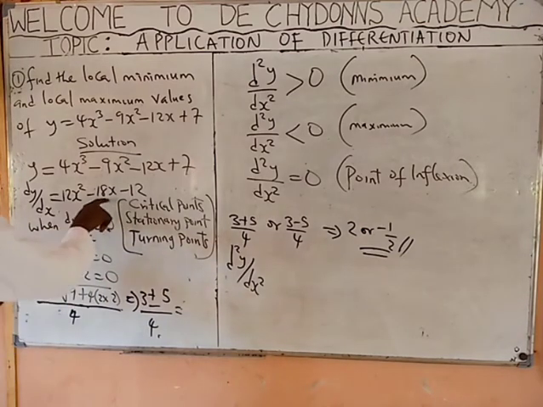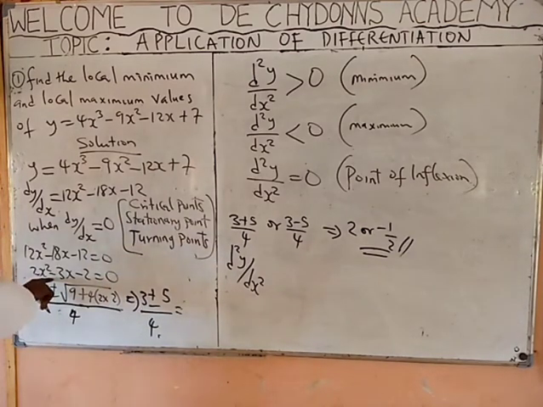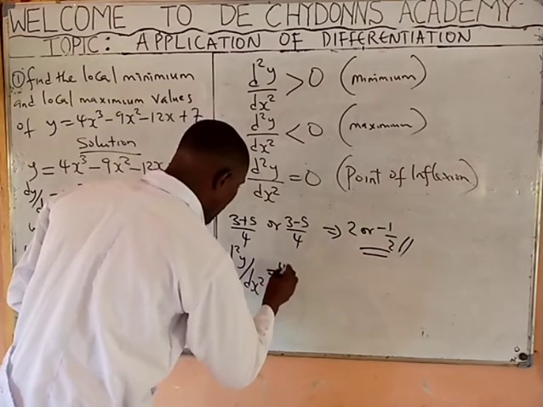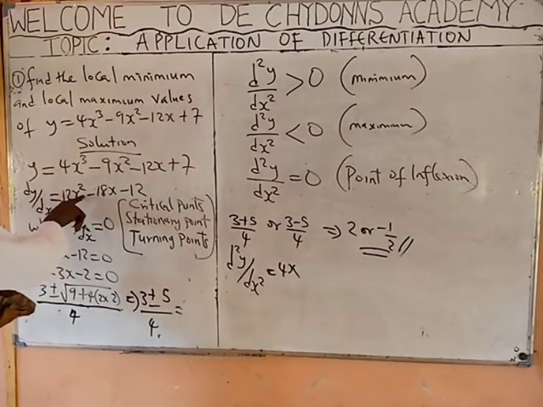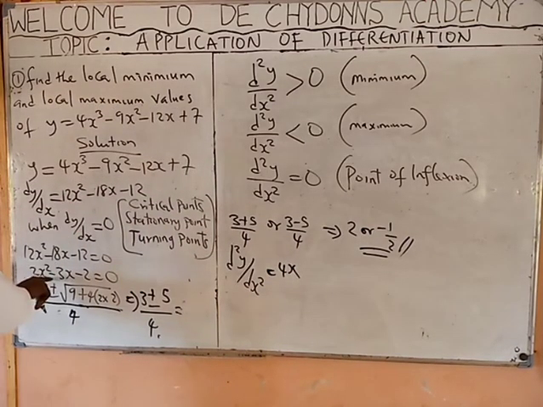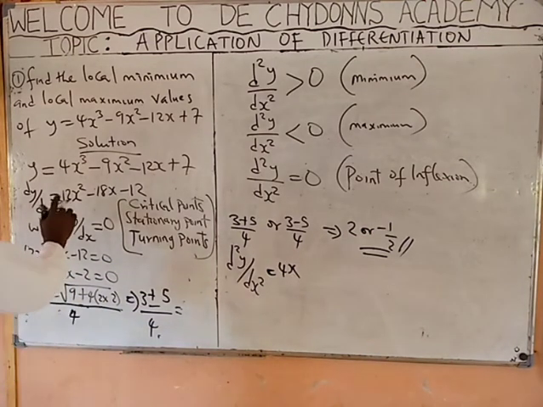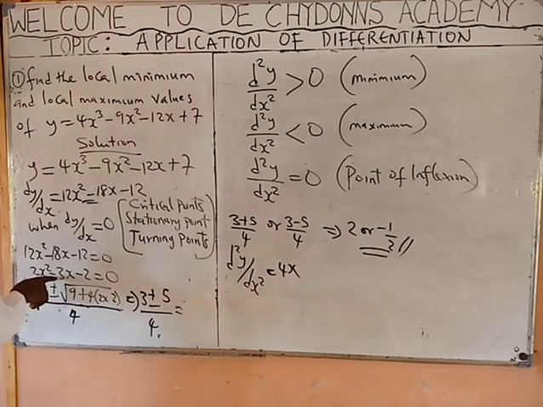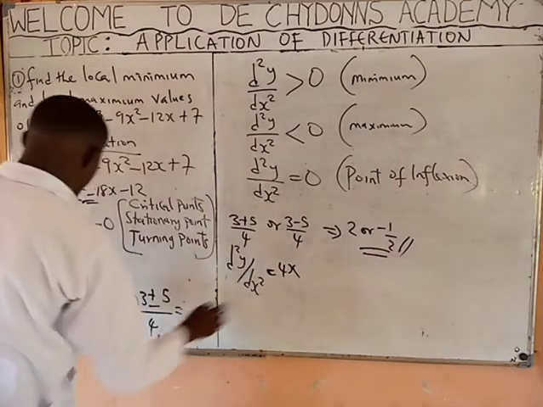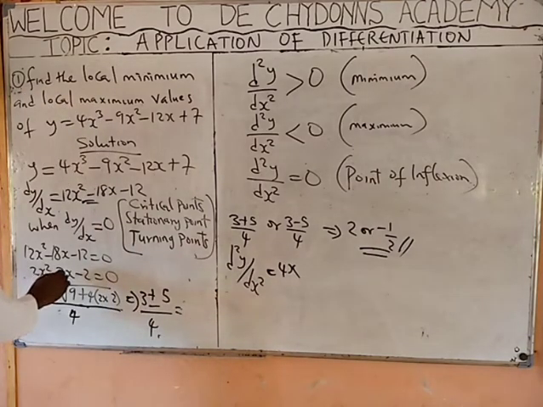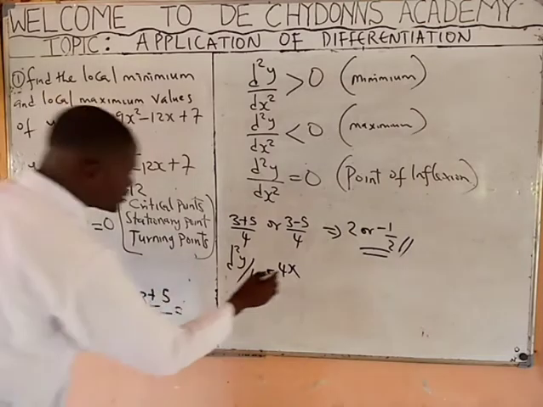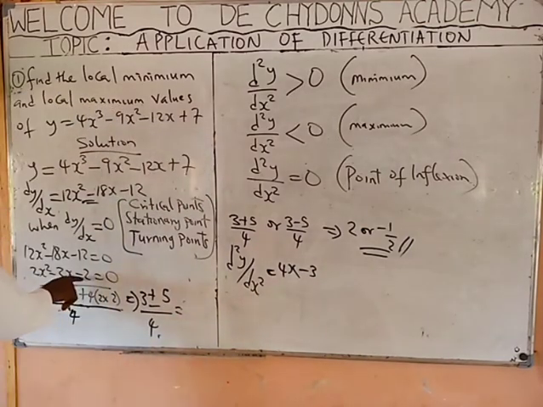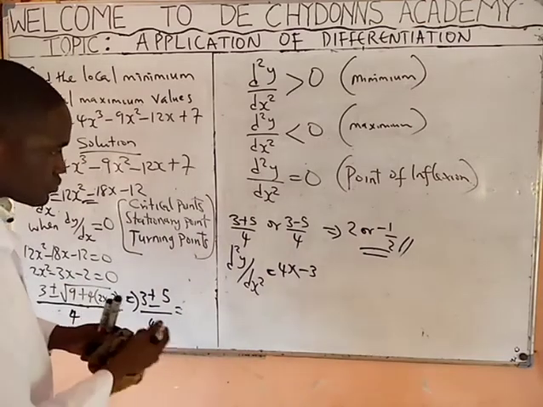You can differentiate the original form or the reduced form; it will still give you the same answer. Differentiating 2x squared gives 4x, minus 3x differentiates to minus 3, and the differentiation of minus 2 is 0.